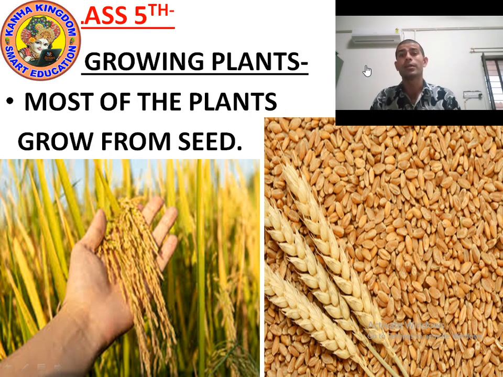So, today we are going to start chapter number 1 of class 5th. The name of the chapter is Growing Plants. In this chapter, we will study different kinds of plants, how they grow, and how they become tall and mature.